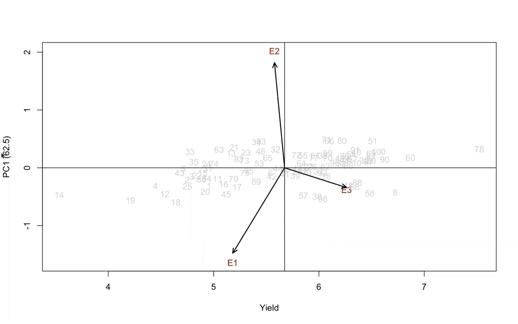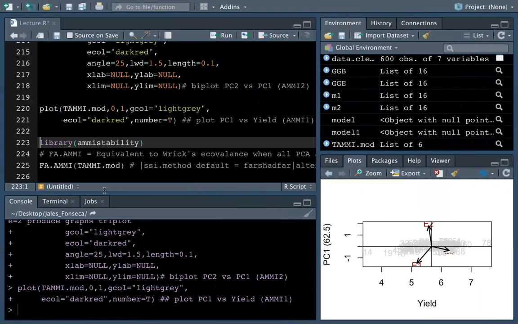And you can discriminate the environments pretty well. The hybrids are similar in here, but you can see that they perform very differently. So 78 performed more than 7 tons. Remember, the maximum was almost 9. And this one here is the lowest, which was probably 1 ton per hectare.